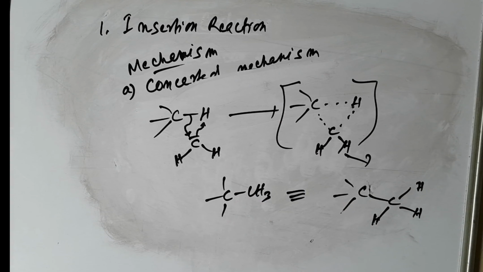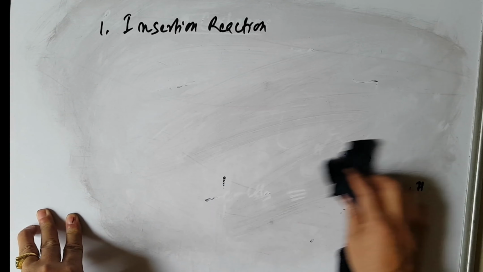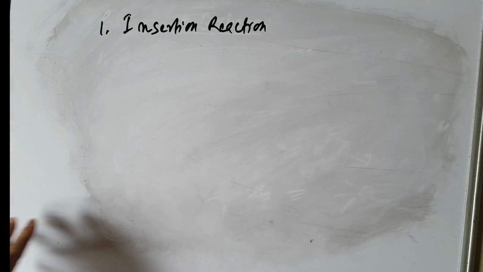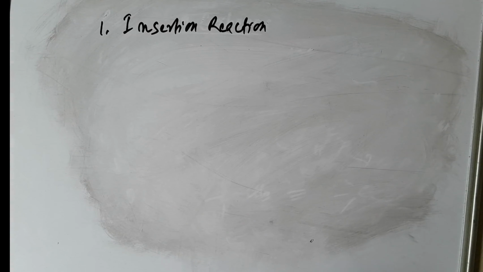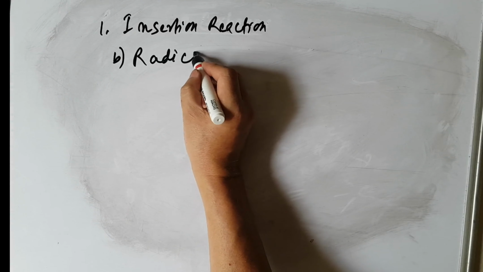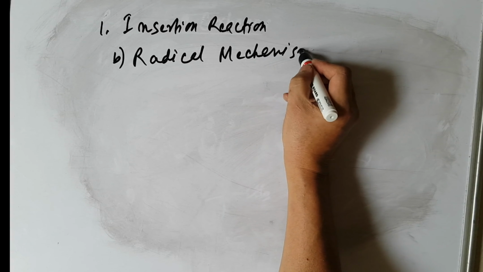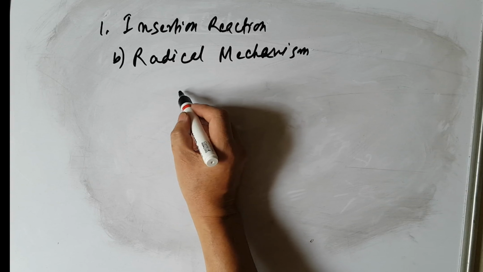And the second type is the free radical mechanism. You have two steps. So let's see the radical mechanism, or free radical mechanism. Here, same one.